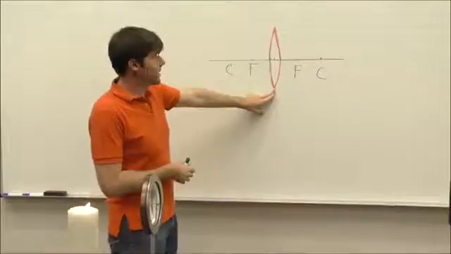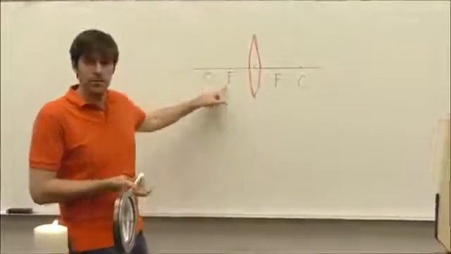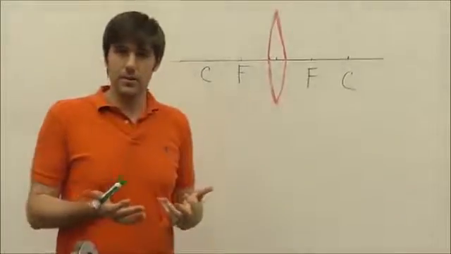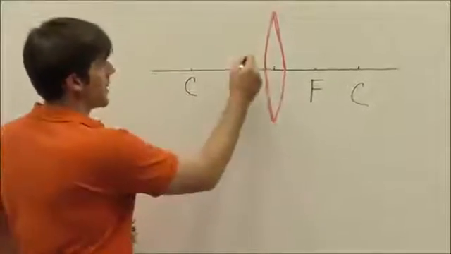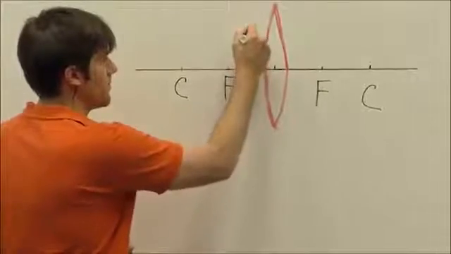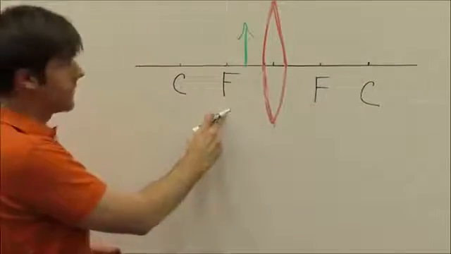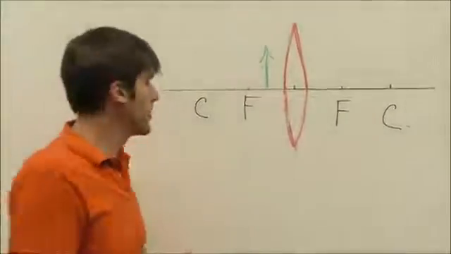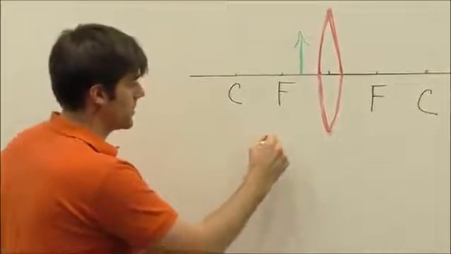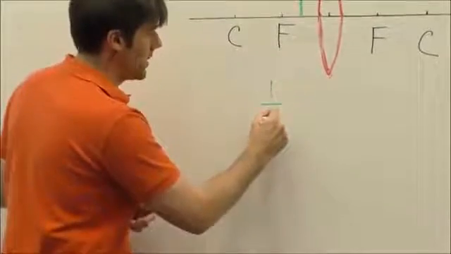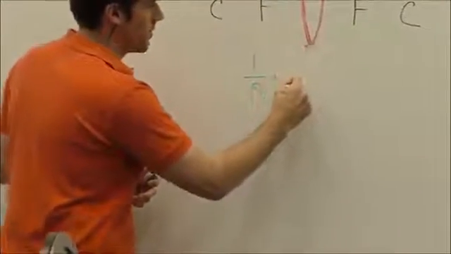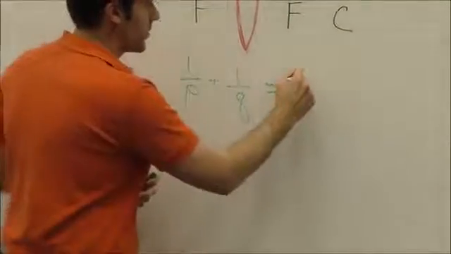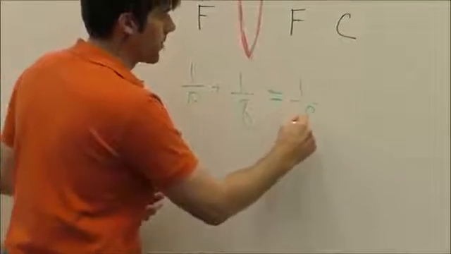So I've labeled the thin lens, and I've labeled the focal points and the radii of curvature. And the first scenario we'll consider is when an object is located between the focal point and the thin lens. Mathematically, we can figure this out by the thin lens equation, which is just 1 over p plus 1 over q equal to 1 over the focal length.